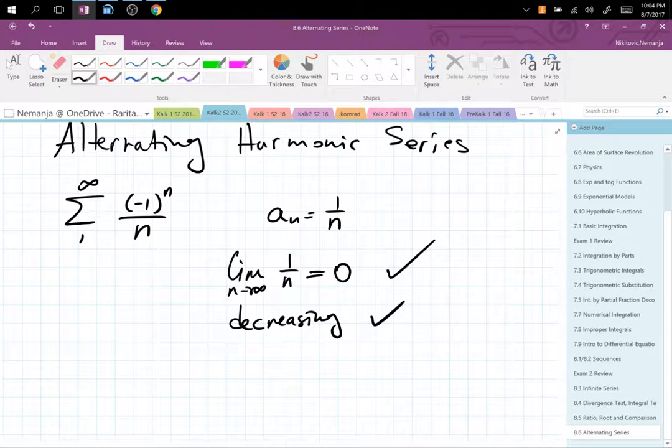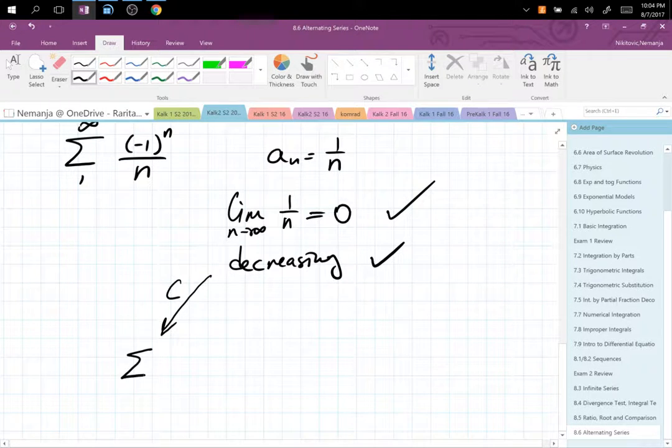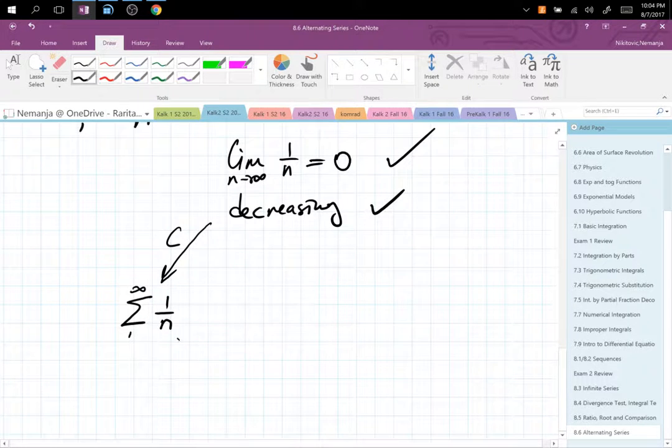So you see that both conditions are satisfied. We are going down the convergence branch, and now I need to check what's happening with just the series of a_n. What do we know about this? That diverges, which means that we end up with conditional convergence.